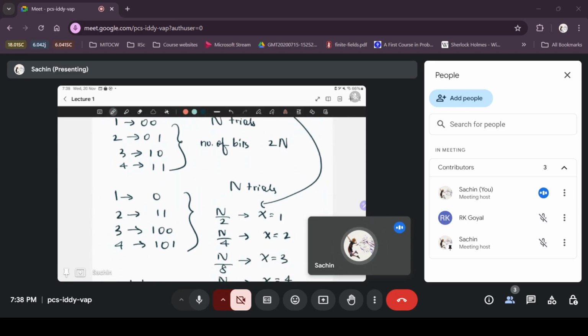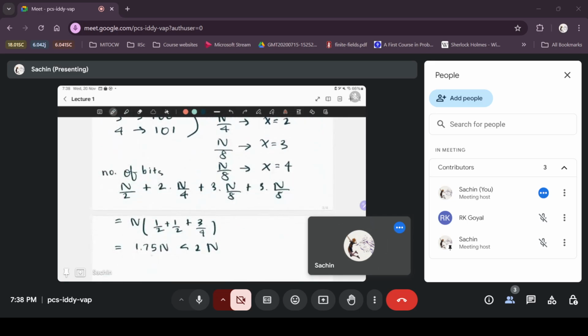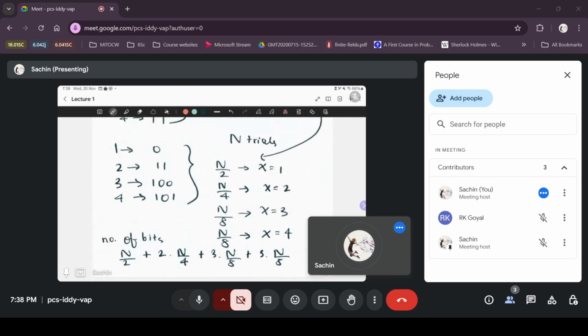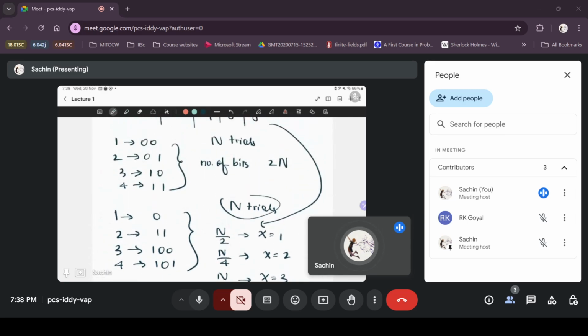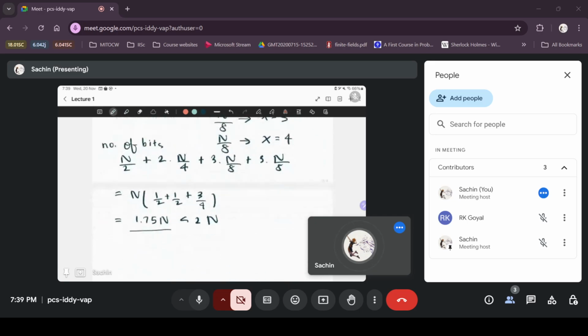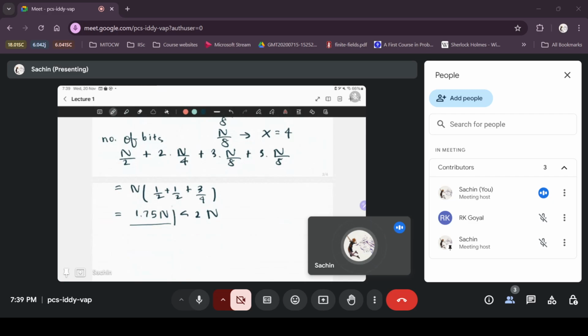So even though you used more bits to represent 3, since the value 3 occurs fewer times, overall on average you used fewer bits to represent the outcome of the same number of trials. So here also you had n trials, here also you had n trials. Let's say you get the same outcome with different representations, you need different number of bits, right? So the entropy will give you this number.